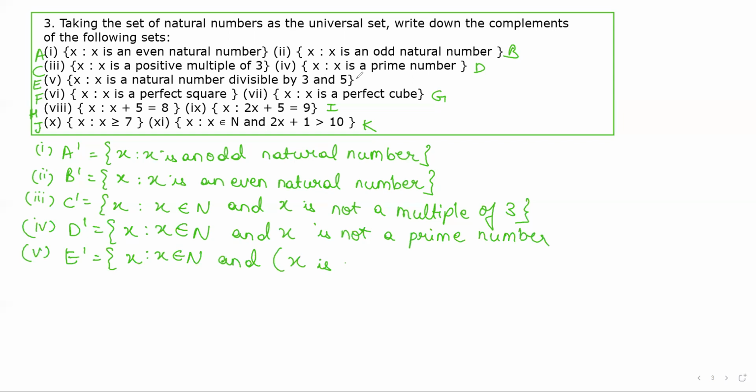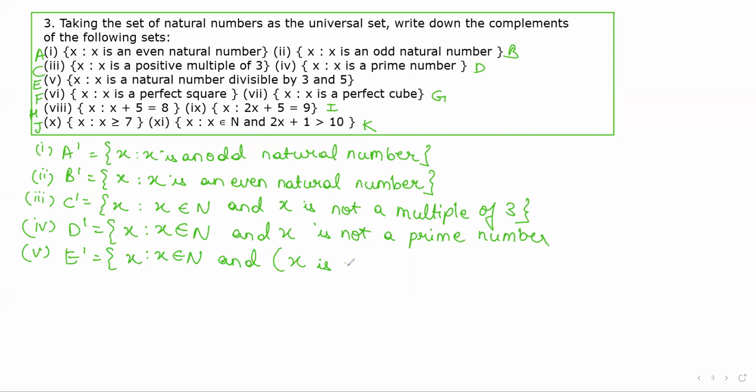That means a number which is divisible by both 3 and 5. That means a number is divisible by 15. So you can either write that the number is not divisible by 15, because that number will not be divisible by 3 and 5, or you can write neither 3 nor 5.